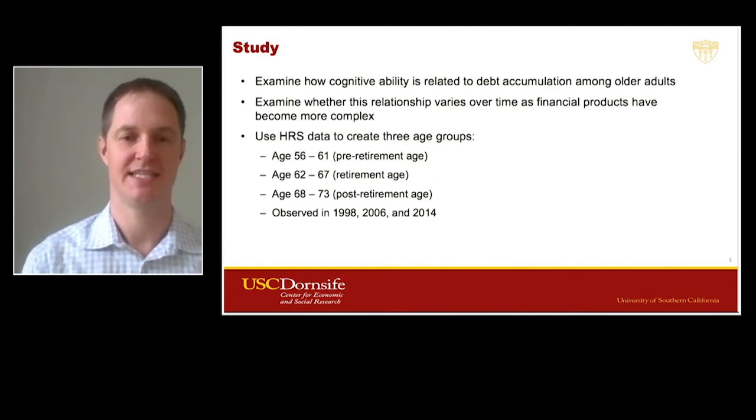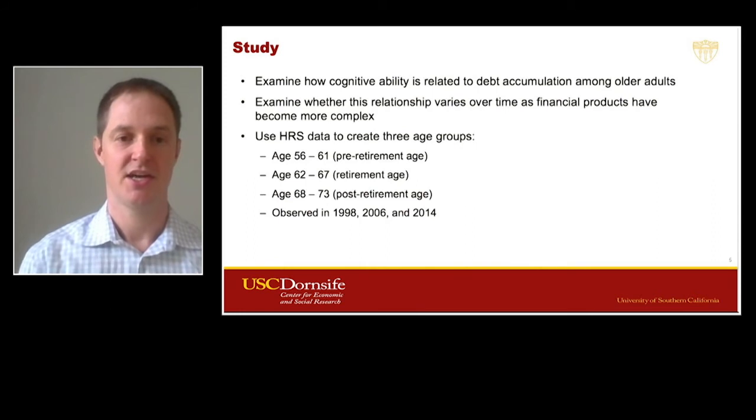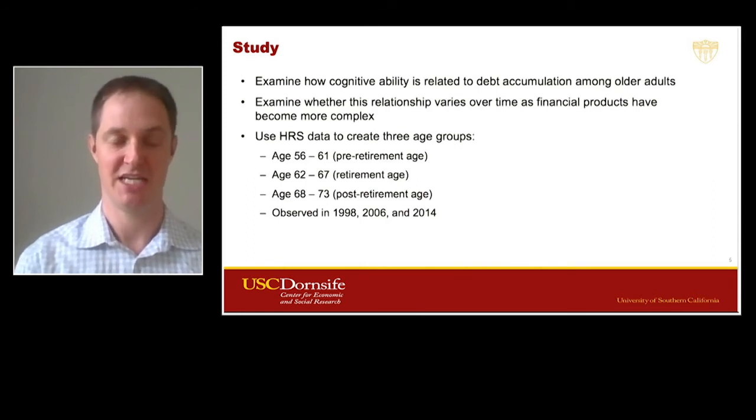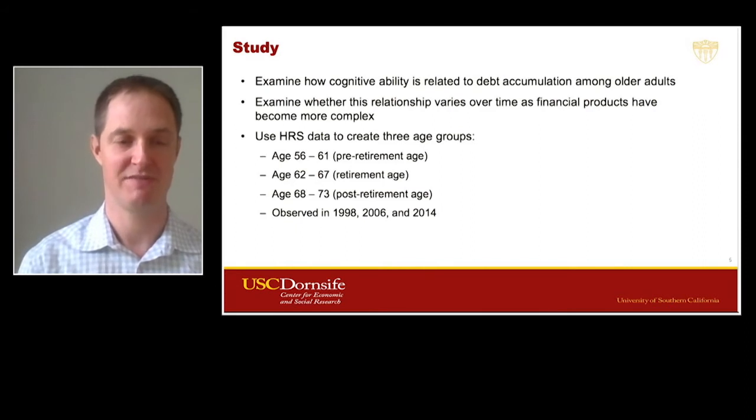So that's what we're going to investigate in this paper. In particular, we're going to look at how cognitive ability is related to debt accumulation among older adults, and particularly whether this relationship or pattern has changed over time with the increase in financial product complexity. To do so, we're going to use data from the HRS and create 3 age groups. Our pre-retirement age group is 56 to 61. Our retirement age group is 62 to 67.